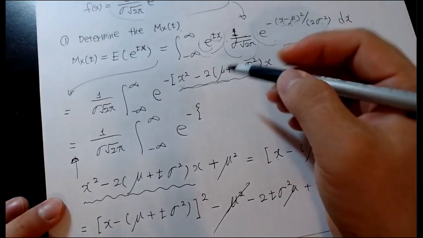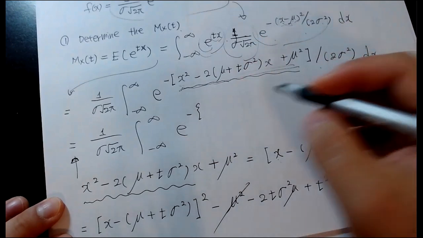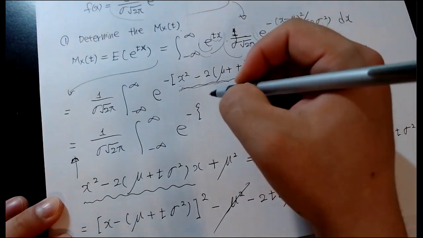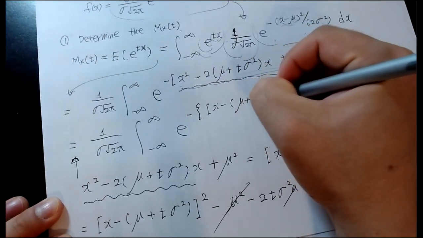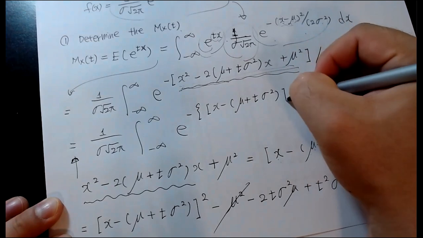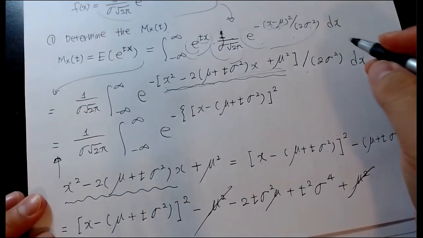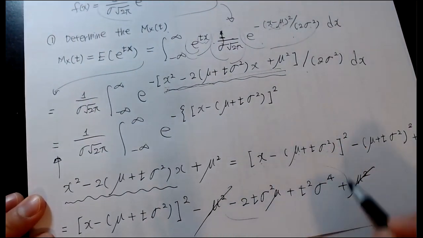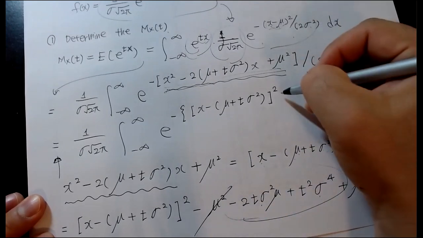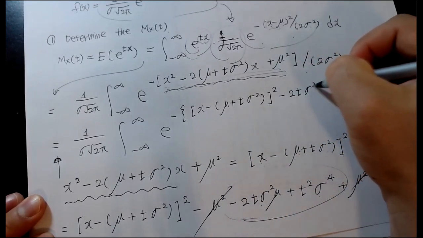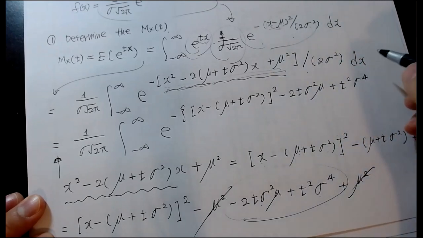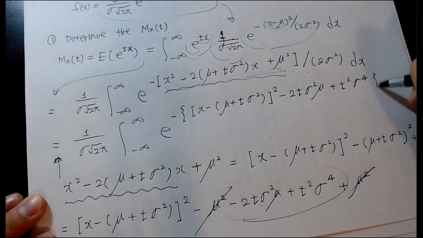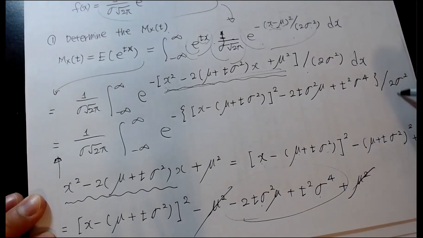Okay, so e to the minus, then open curly bracket, and then (x minus (mu plus t times sigma square)) squared, okay, and then plus, minus this one, right? Minus 2t sigma square mu plus t square sigma to the fourth power, right? Okay, close curly bracket over 2 sigma square and the dx.